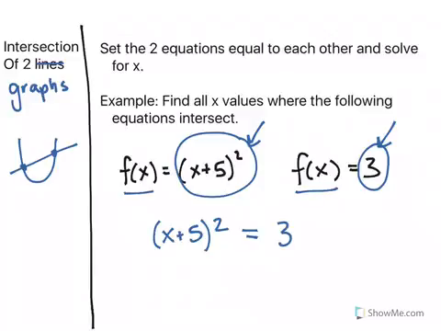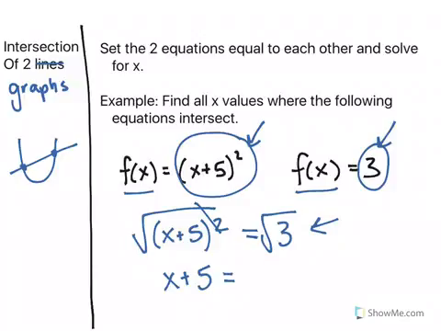Luckily, this is a perfect square, and so although x is not alone, it is part of a binomial that's being squared, so we can take the square root of each of these. That leaves x plus 5 on the left because the squared and the radical sign cancel out. And remember, whenever we take the square root of a number, we get two answers, so we're going to write plus or minus radical 3 on the right.